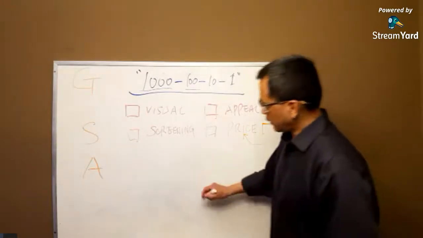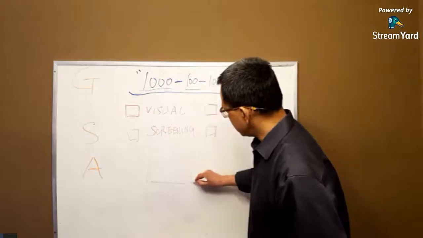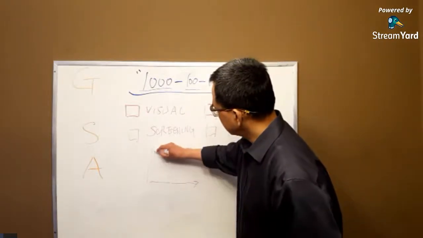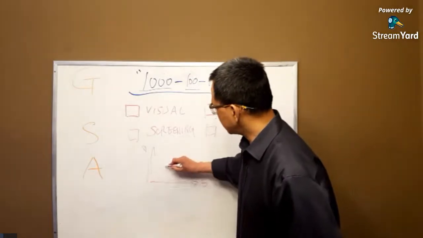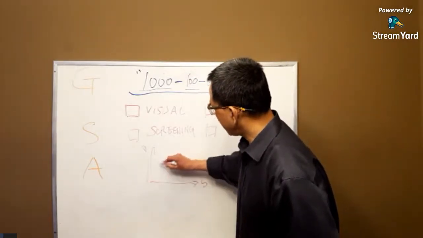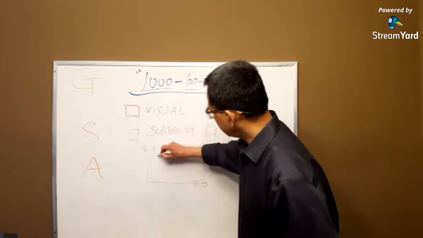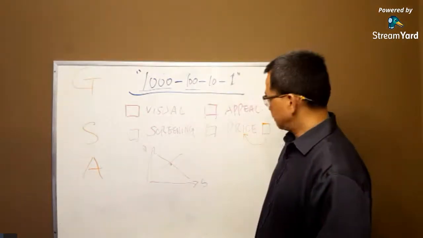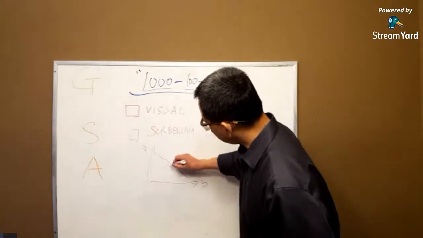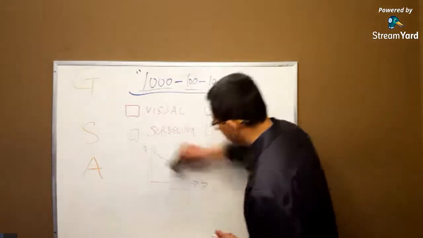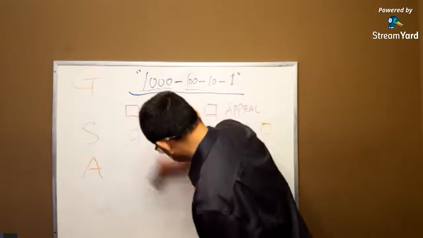And here is the thing. Let's say this is the demand and this is supply. Your rental is somewhere on this kind of curve.